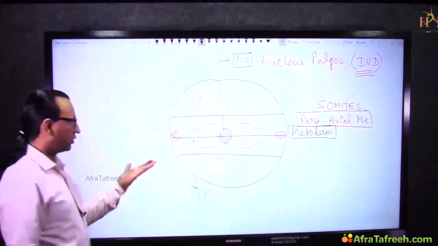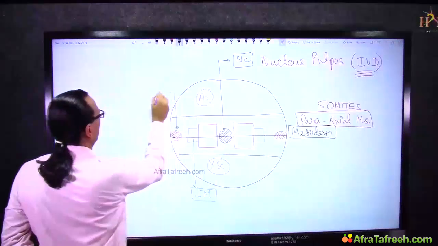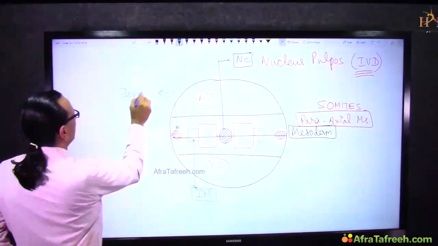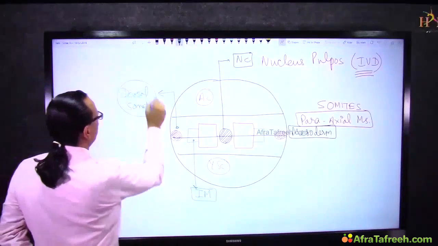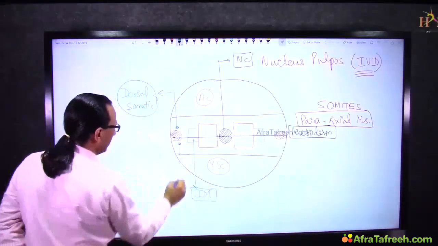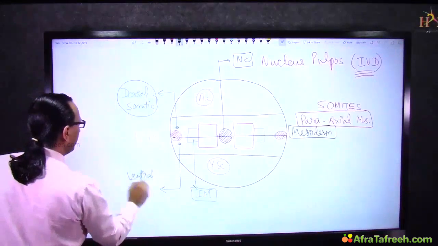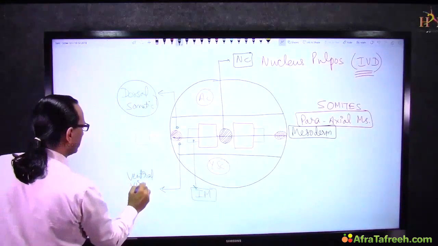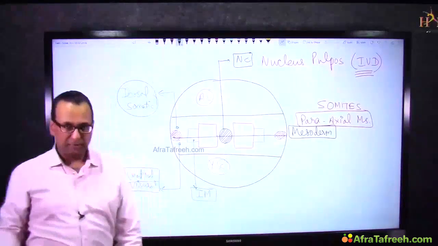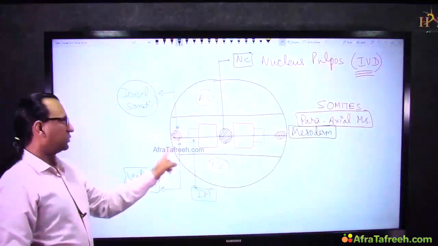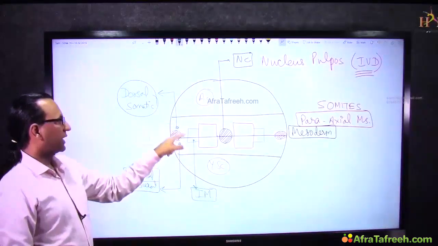You will notice that there is a dorsal somatic lateral plate mesoderm, and then you can also mention there is a ventral visceral, which is also called the splanchnic lateral plate mesoderm. So there is one splanchnic lateral plate mesoderm and there is a somatic lateral plate mesoderm.